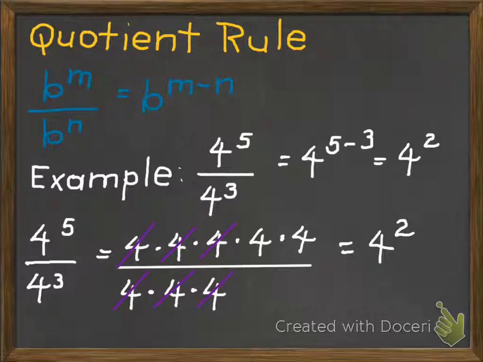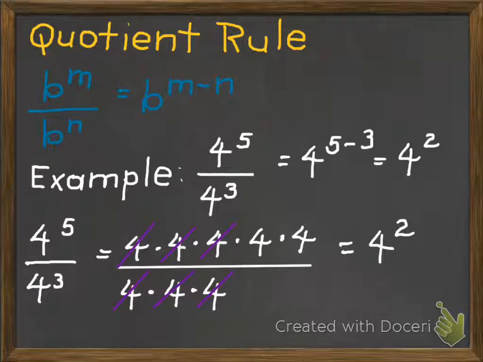And then let's look at what we did. We took away the number of 4's in the denominator from the number of 4's in the numerator. So we took the number of 4's, which is the exponent of the numerator, minus the number of 4's in the denominator, shown by the exponent of the denominator.